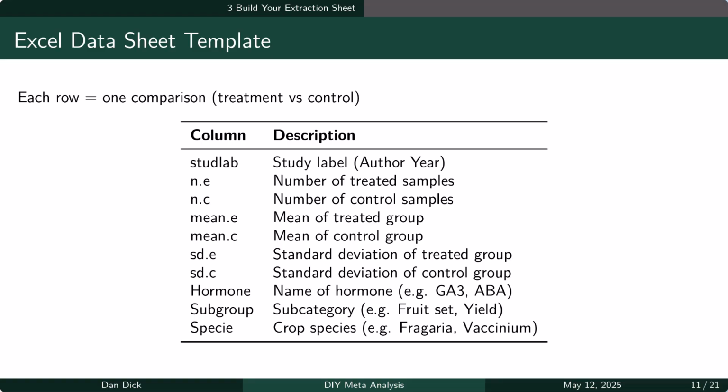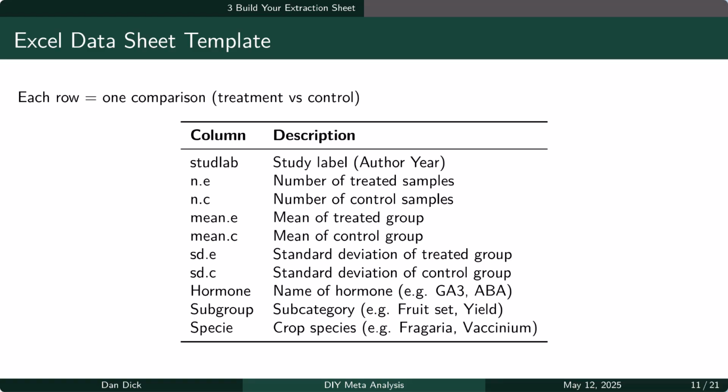The study label is the author and year of the paper. The N is the number of treated samples or control samples. The mean values are the means of either the treated or the control group, and the SDE or SDC are the standard deviation of the treated group and the standard deviation of the control group.